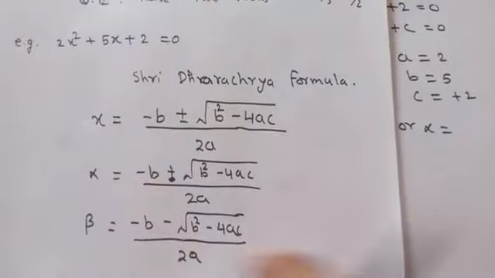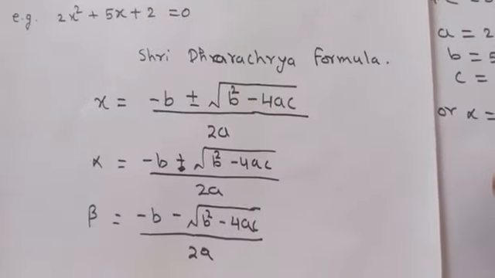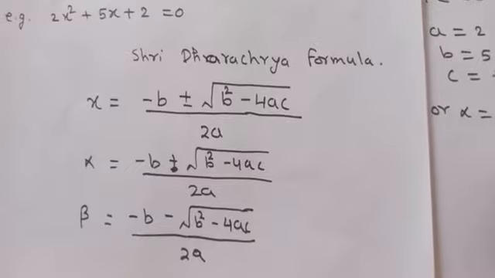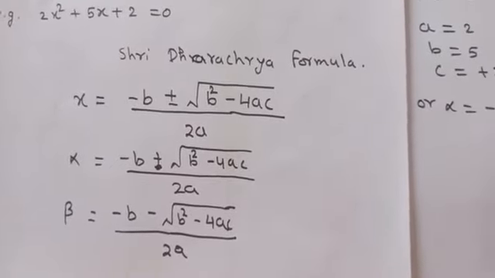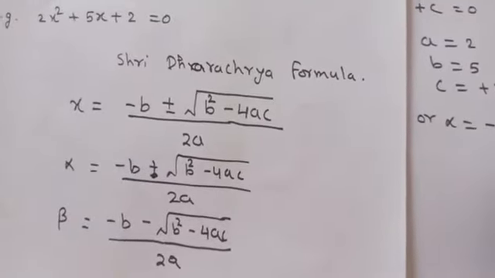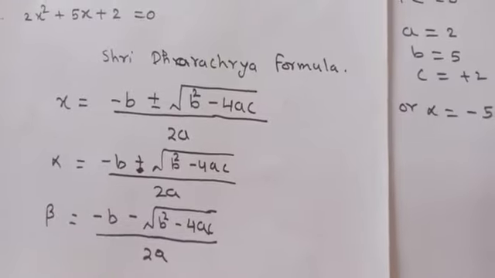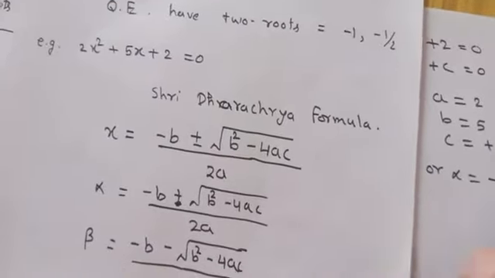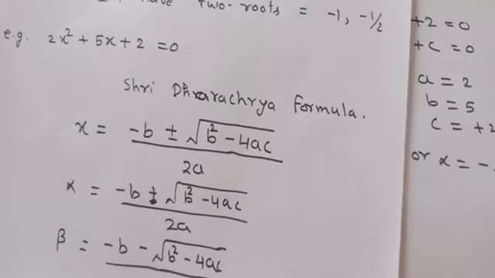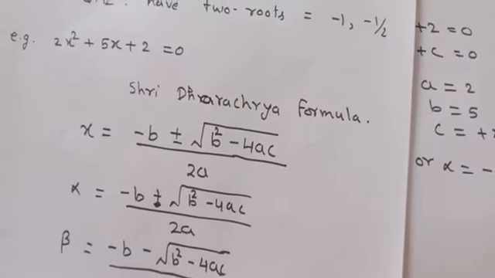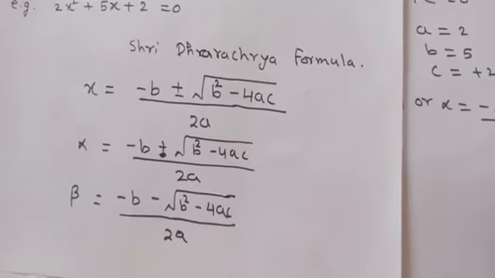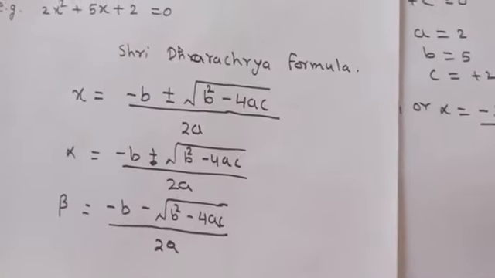Here we put minus b, that means minus 5, plus under root b square, that means 5 square, minus 4 into a into c, where a is 2 and c is also 2. In the denominator, we have 2a, that is 2 into 2.